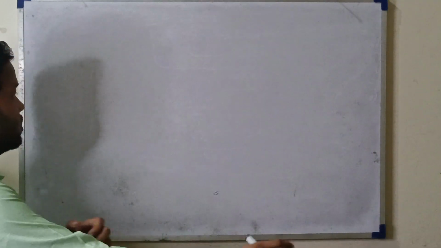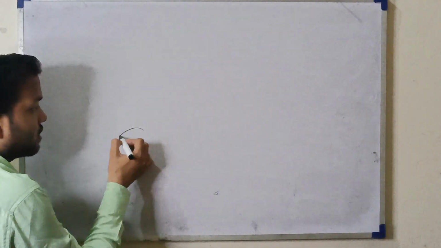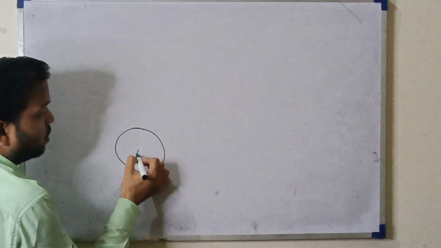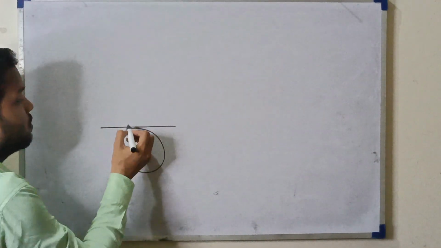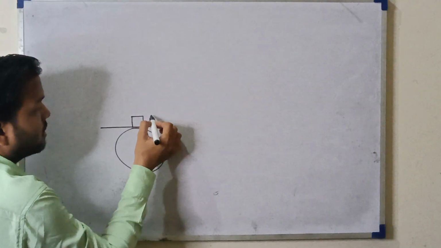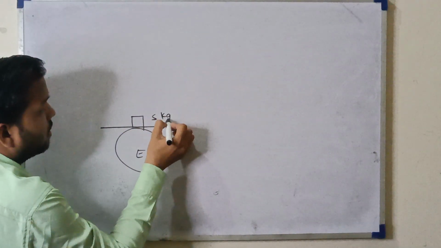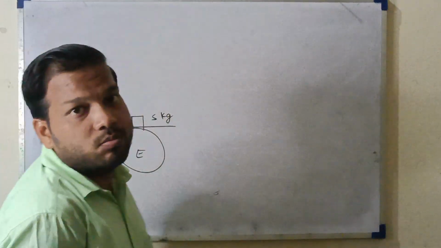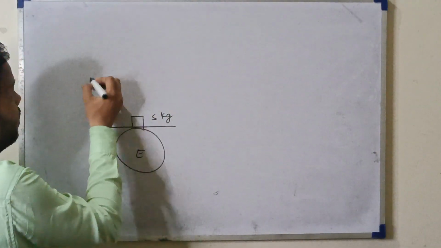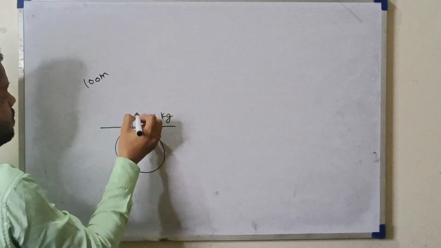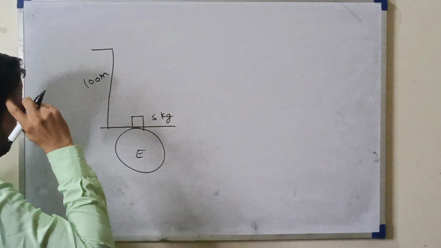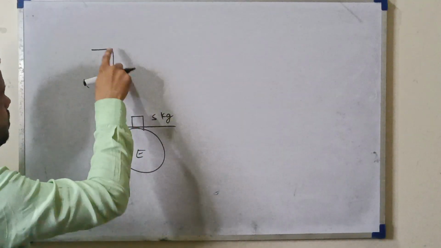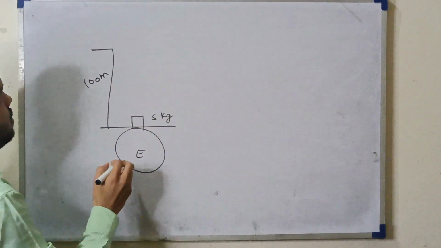Let's understand. Suppose there is Earth, and this is Earth's surface, and there is an object of 5 kg mass, and you have to lift up this object till 100 meter onto a terrace.